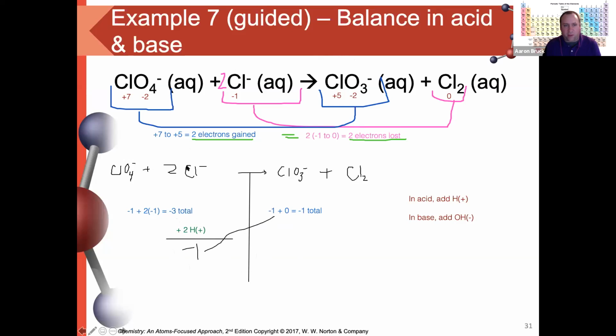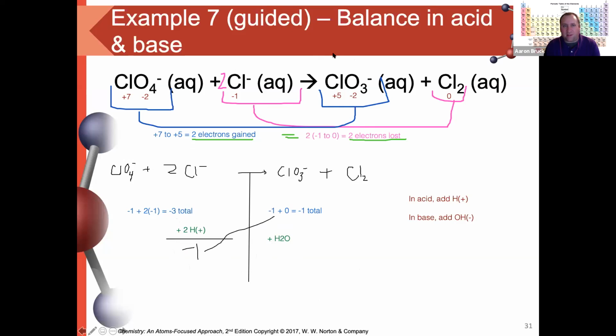Now to counterbalance the adding of the H pluses, I'm going to have to add a number of waters to balance out the hydrogens, and it'll just take one. 2 hydrogens come from 1 water, so 1 water molecule will make the difference.